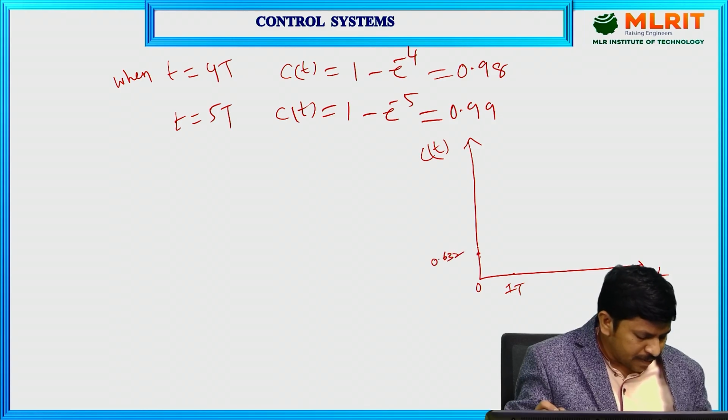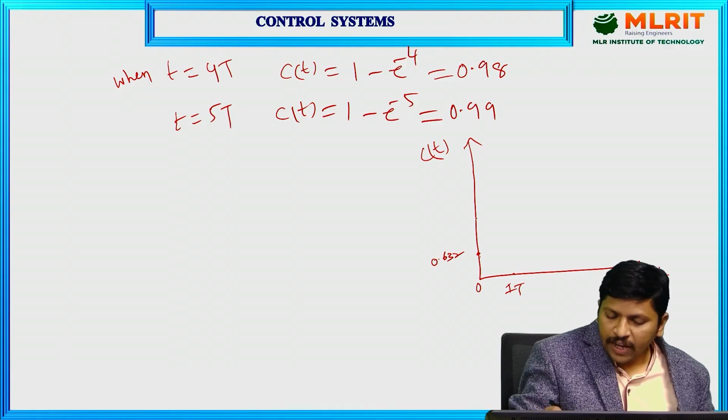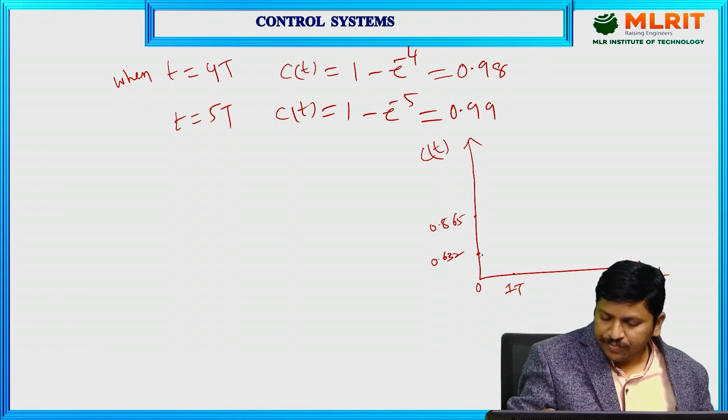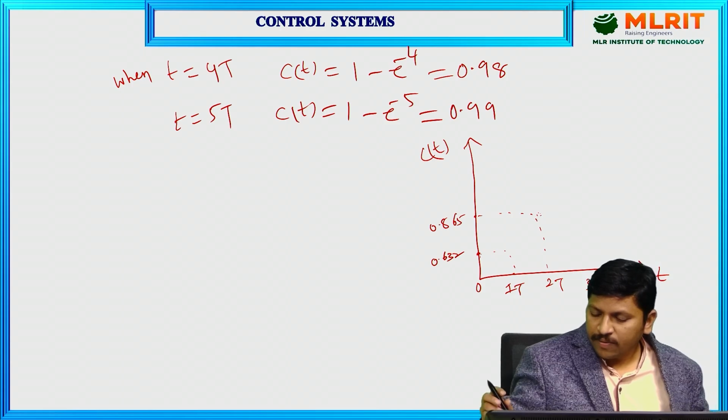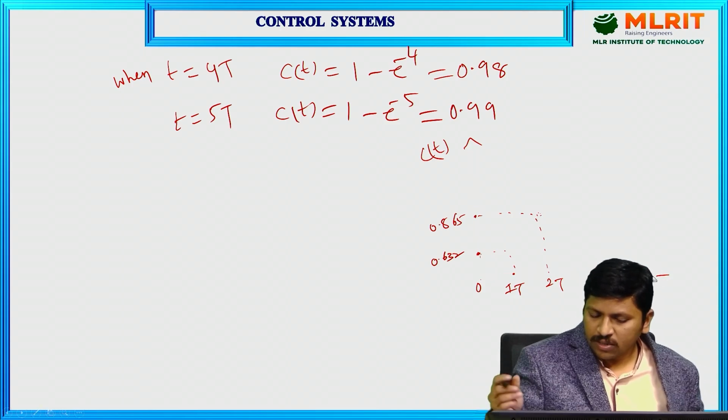Next, 2T is 0.865, and then 3T, 4T and 5T and so on.